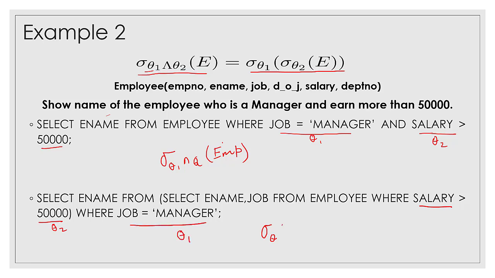Now we are selecting the data on theta 2, then we are selecting the data depending on theta 1. As in this case the number of tuples will reduce depending on the salary, or theta 2, the outer query will need to work on less data.